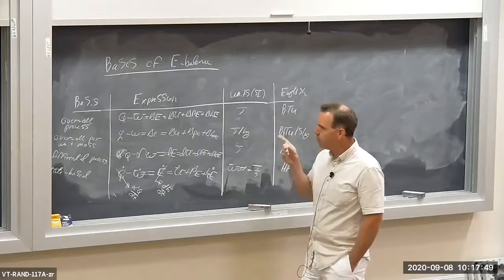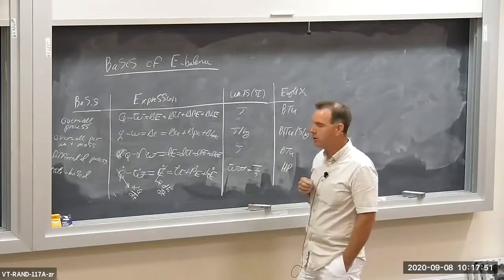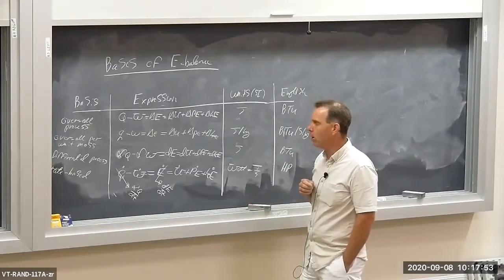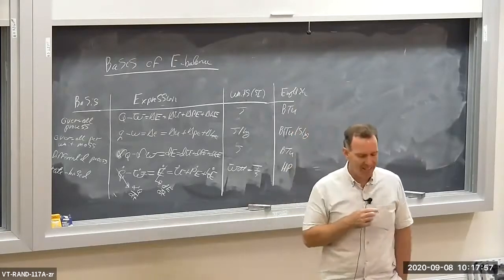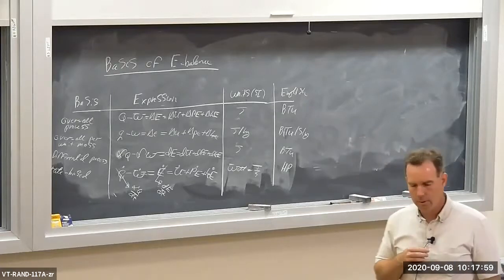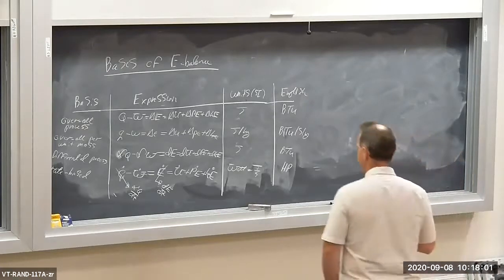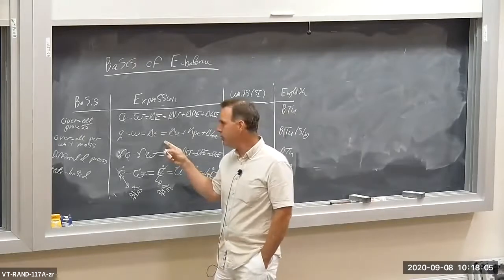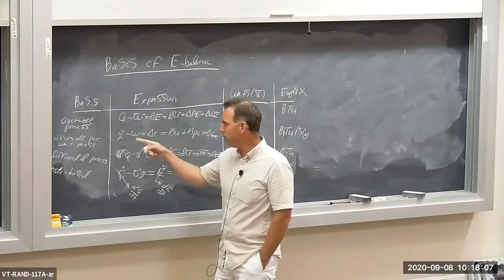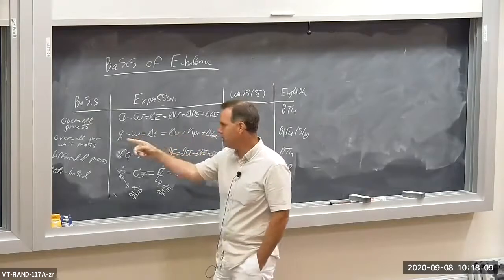Now, one last thing before we move on and do an example, I want to state that all these versions are equivalent. They all represent the same thing. They're just on a different basis. For example, if I start with the overall per unit mass, I can get to the overall by multiplying the equation by the mass of the system.